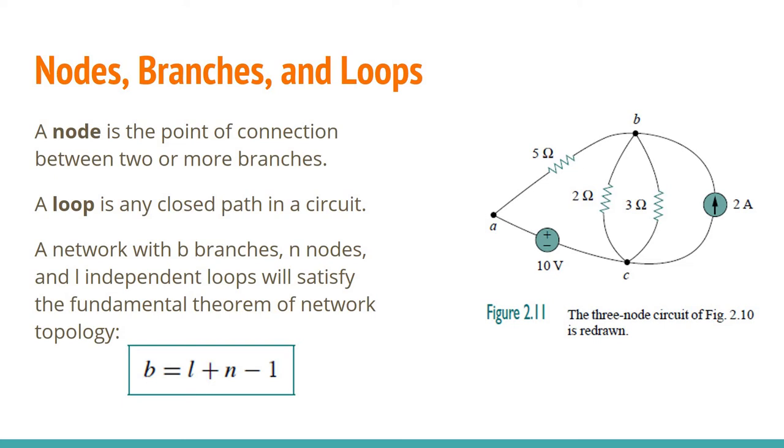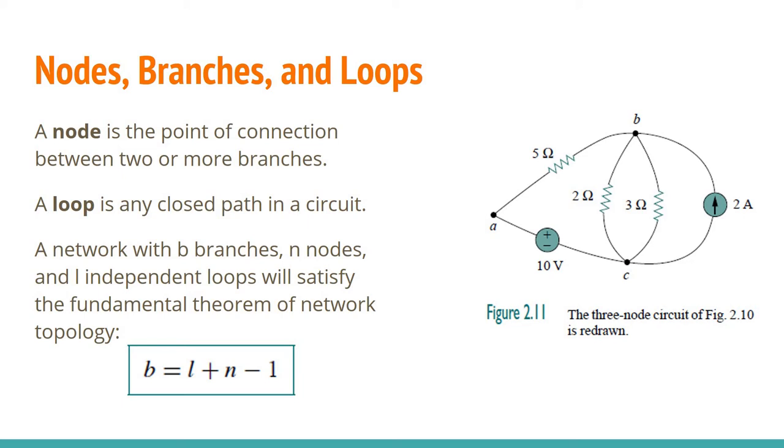Another loop is from A to B and B back to C. So kaning 2 ohms unya kaning 3 ohms. So kana siya nga connection. Another loop is kaning C to B nga mag-agi diri sa 3 ohms, and then B to C nga mag-agi diri sa current source. So kana siya nga looping. So naay tulo ka loop.